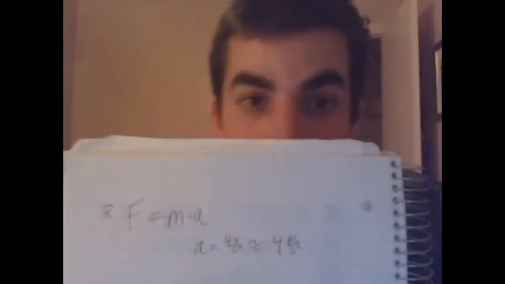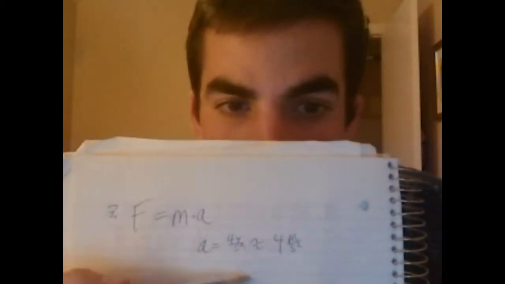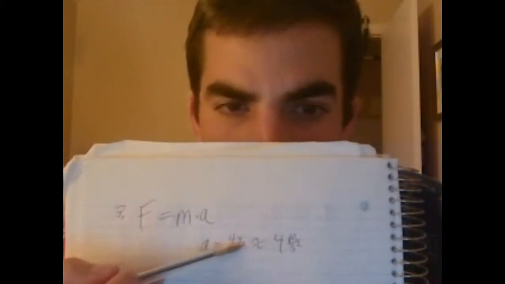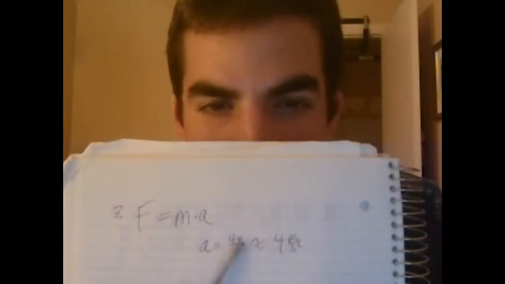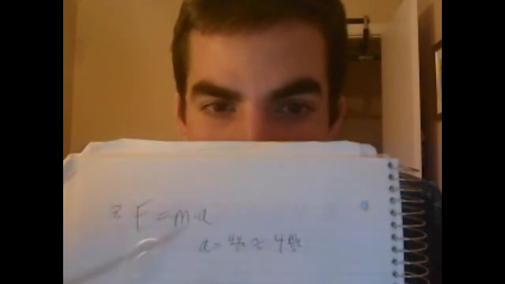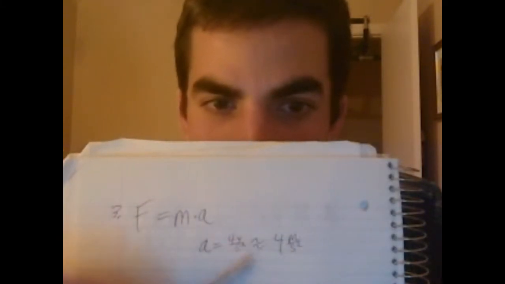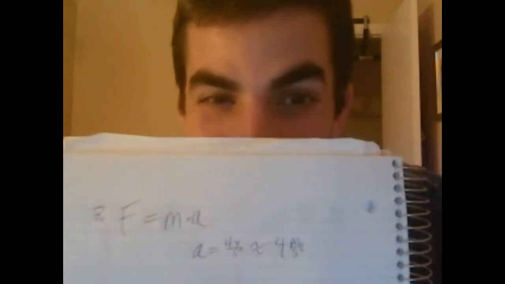For example, I said that my acceleration was 4 yards per second squared. I'm going to say that 4 yards per second squared is roughly equal to 4 meters per second squared. Kind of cheating there, but that's what I'm doing. See these wiggly equal signs? That means it's kind of like that, right? So that's my acceleration.